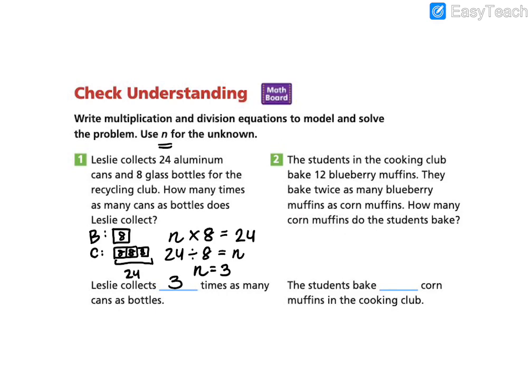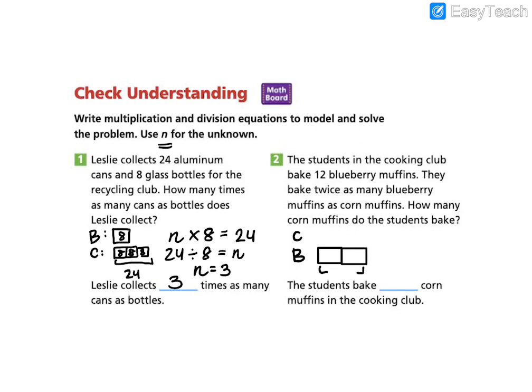The students in the cooking club bake 12 blueberry muffins. They bake twice as many blueberry muffins as corn muffins. How many corn muffins do the students bake? Okay, so we've got corn muffins and we've got blueberry muffins. We know they bake 12 blueberry muffins, and that blueberry muffins is twice the number of corn muffins.